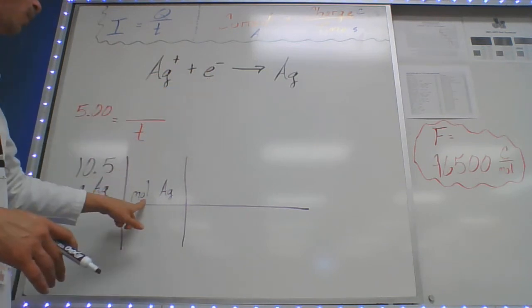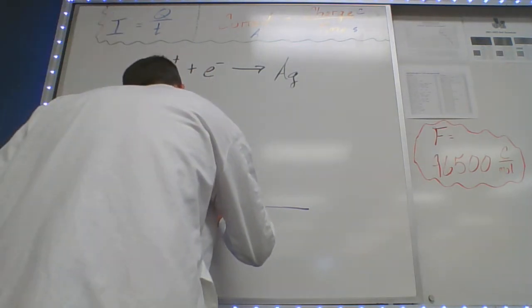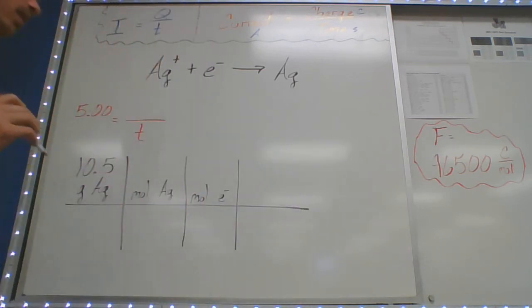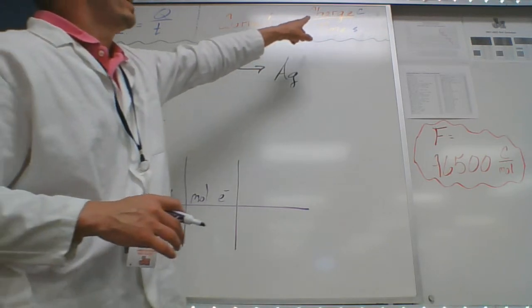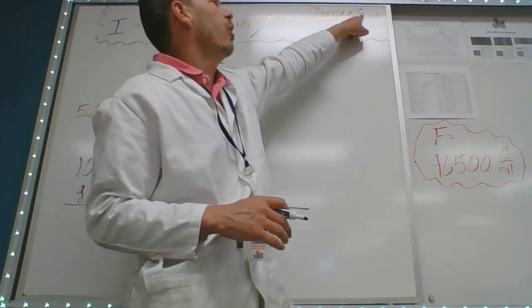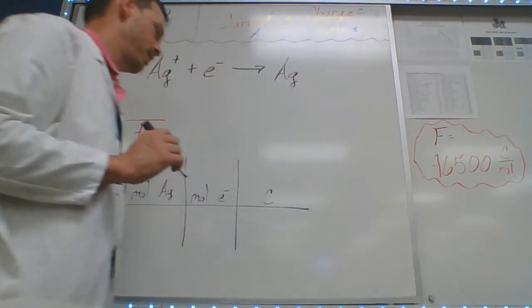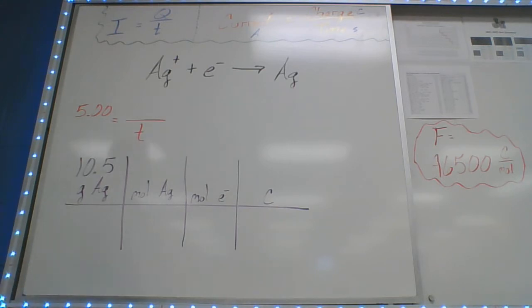So we're going to go from moles of the given to moles of the electrons. And then from moles of electrons, we can go to the charge that they carry, which is given in units of coulombs. So there's the top part of my grid.